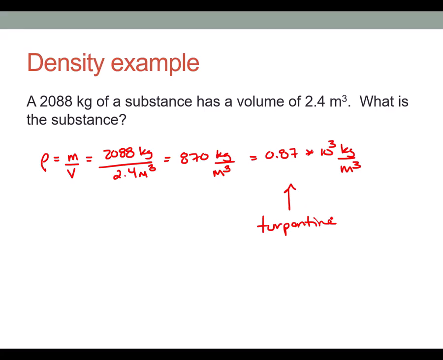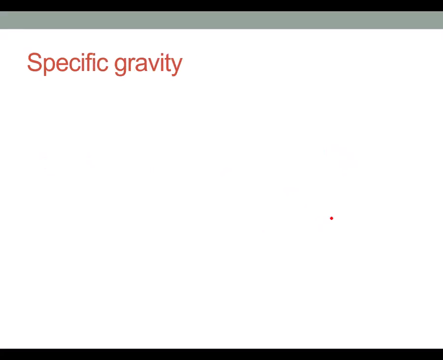Okay, one last concept for this unit, which is why it's all one video, and that is the specific gravity. So the specific gravity, by definition, is the density of your substance divided by the density of a standard. The standard varies.